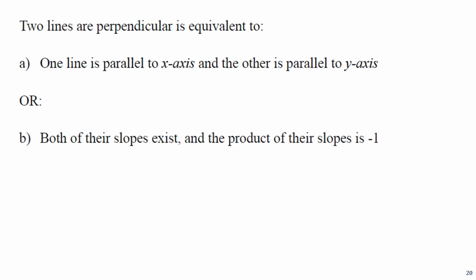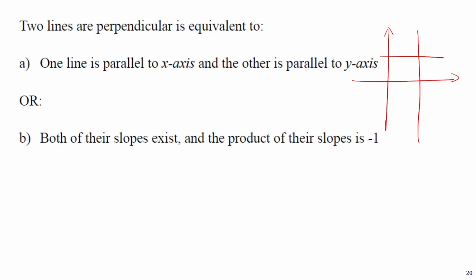And then let's talk about perpendicular lines. If two lines are perpendicular, that is equivalent to either of these two cases. Again, the first case corresponds to this: one line is parallel to the x-axis, the other line is parallel to the y-axis, and at least one of them does not have a slope, right?